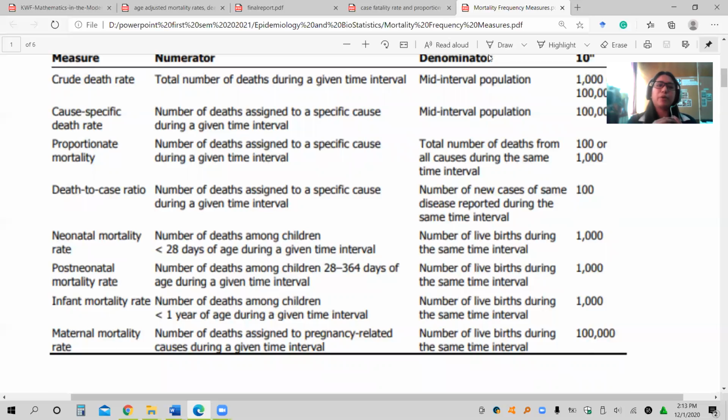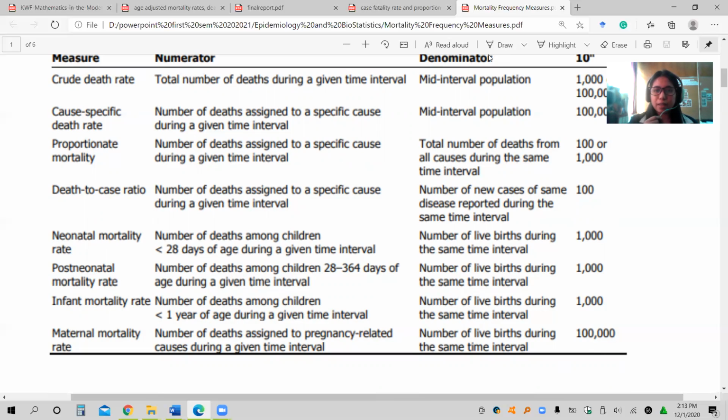So neonatal mortality rate has something to do with the age or the number of days of the children. So it's the number of deaths among children less than 28 days of age during the given interval. While for the post-neonatal mortality, it is the number of deaths among children from 28 to 364 days of age during the time interval.